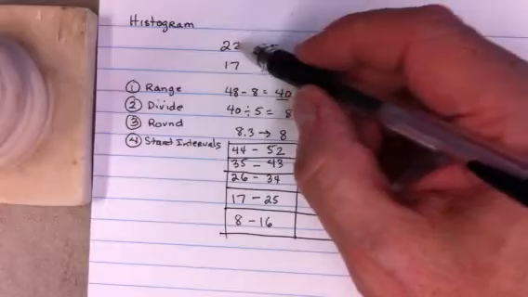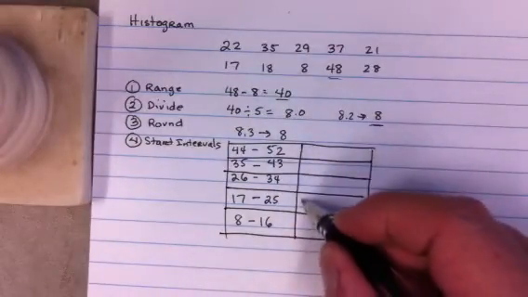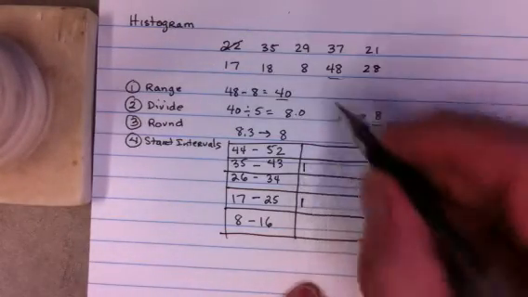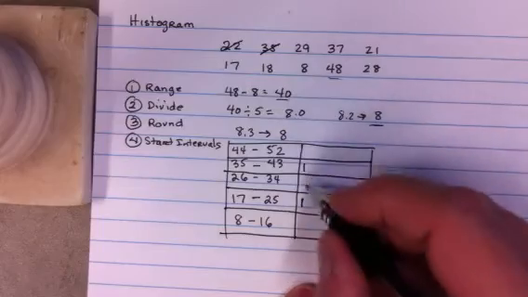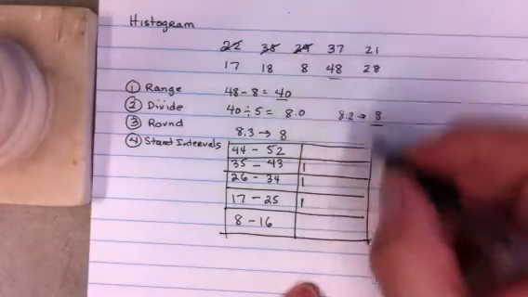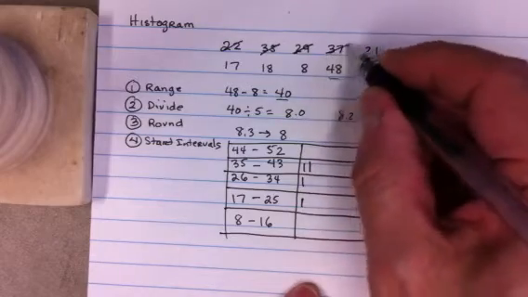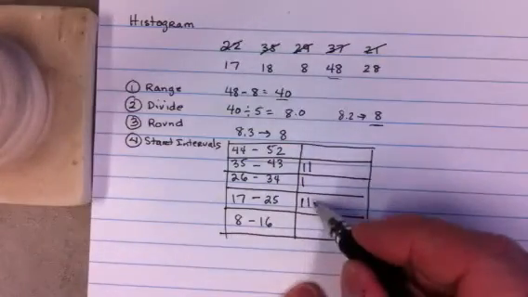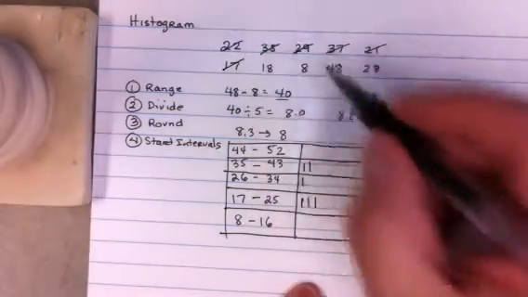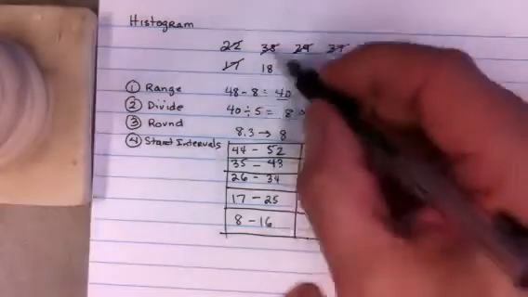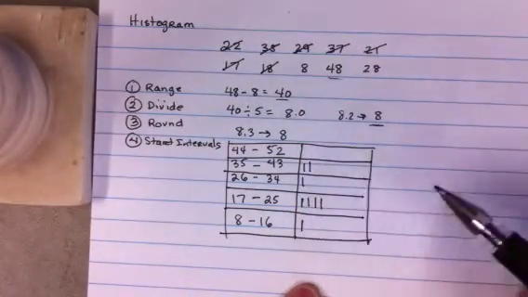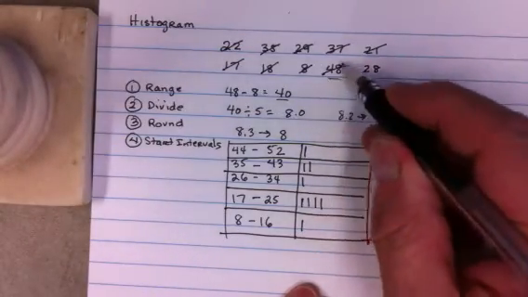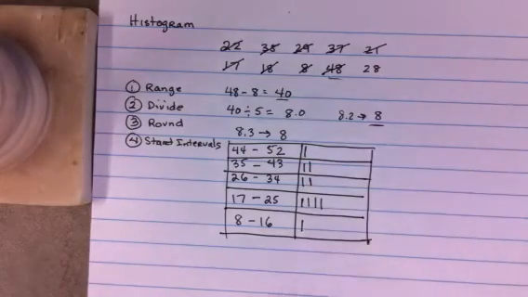As I come to them, I'm just going to make a tally. 22, I'm going to put a tally in there. 35 fits in this bin. 29 goes in the third bin. 37 goes back up into this bin. 21 fits in the second bin. 17 just barely is in the second bin. 18 is in the second bin again. There's 8, it's down here. There's a 48 that's up here. And then there's a 28 that fits in this middle bin.